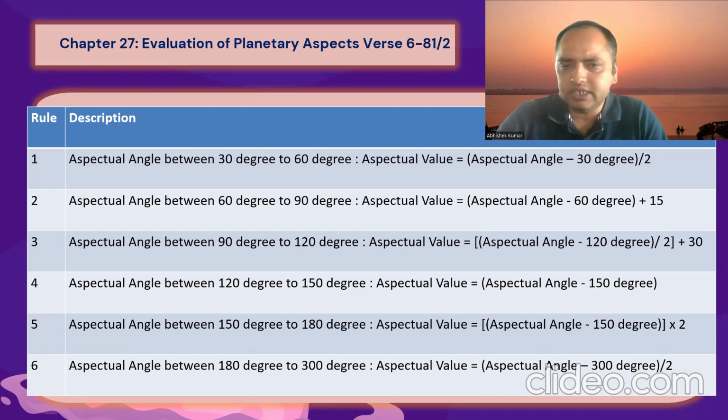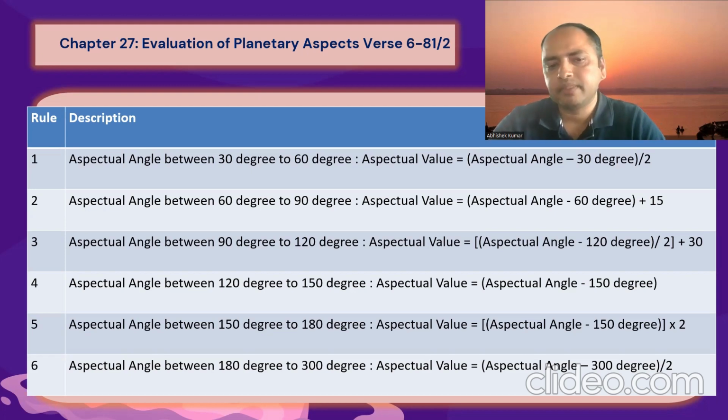So you can see in this reduction formula, in each rule, the last degree is being subtracted. Although Maharshi has provided this revelation through contemplation, you can apply any logic you can think of. So these are the rules Maharshi is providing.